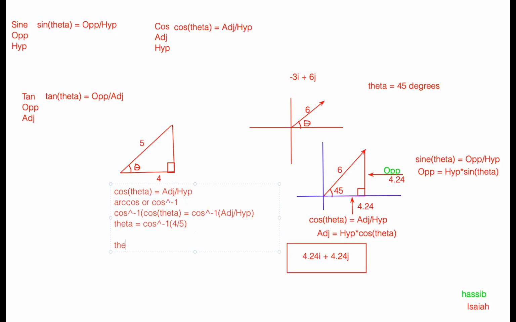If you put that in a calculator, you will get, let me use it. The inverse trig functions are in the calculator too, and we're using cosine inverse of 4 divided by 5.